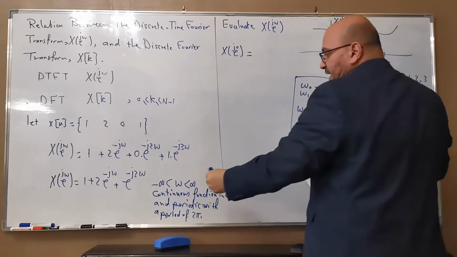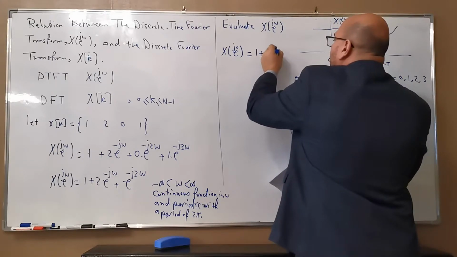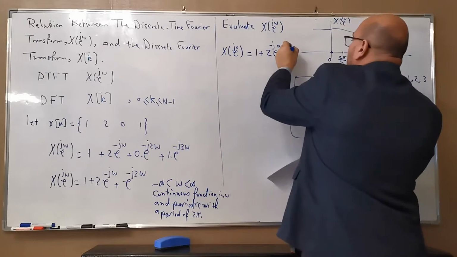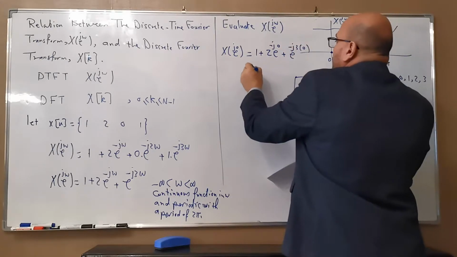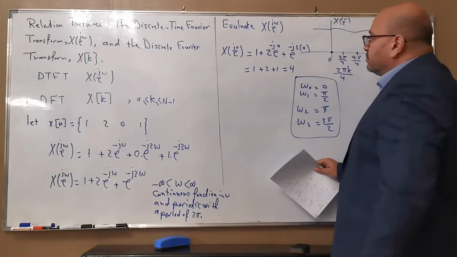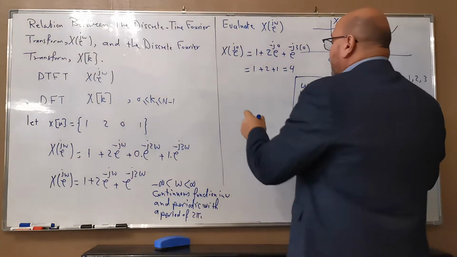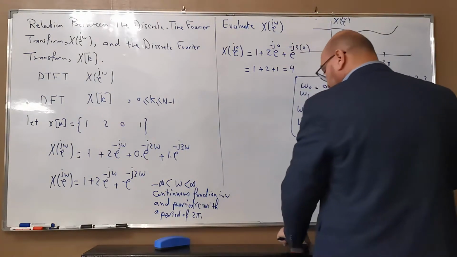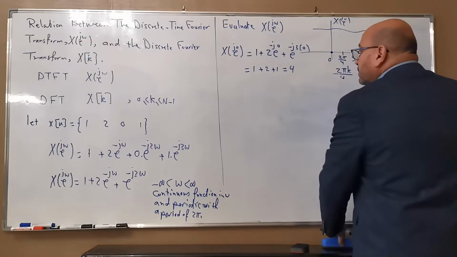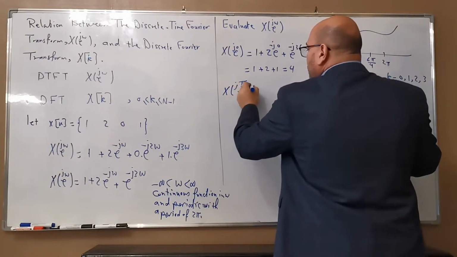So X of e^jω, you apply the value here. It's 1 plus 2 e to the j0 plus e to the minus j3 times 0. So it's 1 plus 2 plus 1, and this equals 4. Okay? So this is the first value. The second value is X of e^jπ/2.